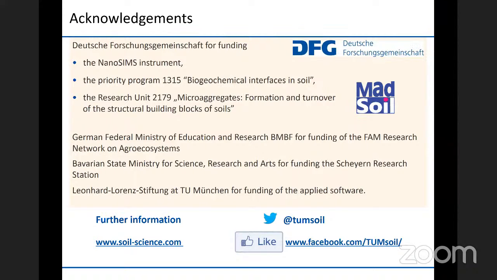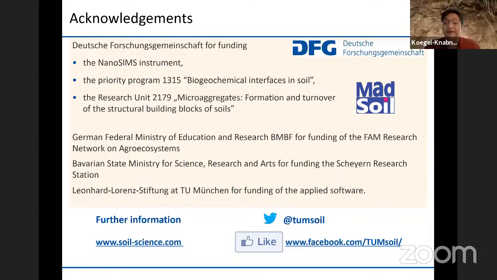One question, from Dr. Shahida Nisar: you said nitrogen-rich compounds form new organomineral complexes, and she wants to know what kind of N-rich compounds. I think it's basically proteinaceous material and also amino sugars.